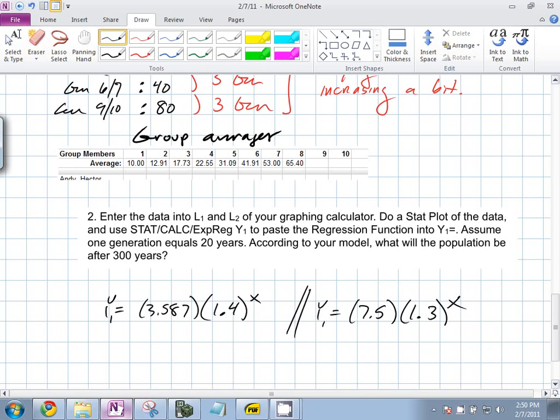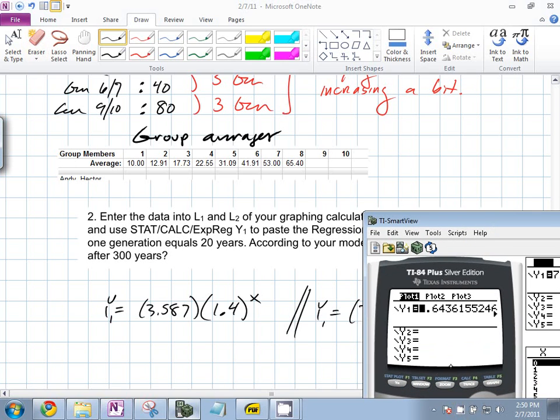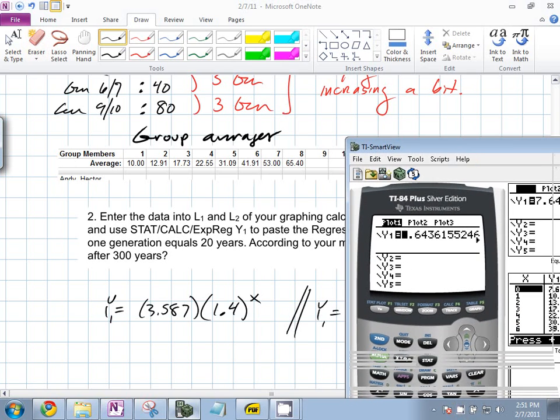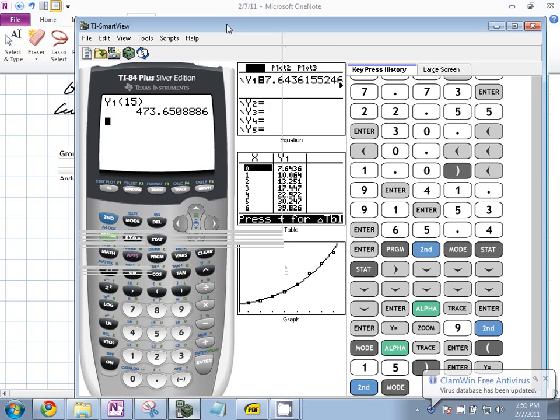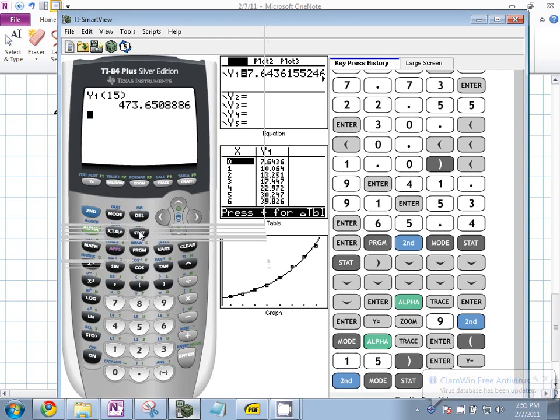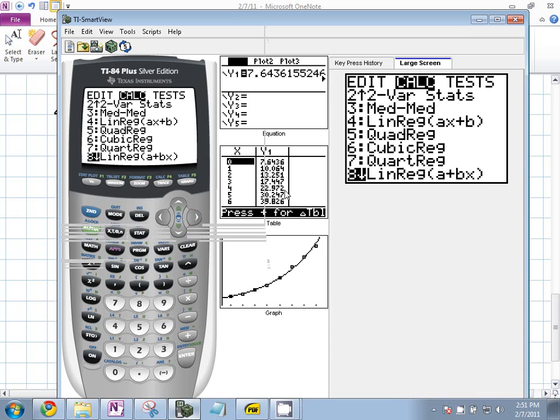I think I did it out on the calculator here, for the average. We did it on one of the other classes, so we don't have to do it again. Let me just change the mode here so you can see it. Sorry about the screen, it's having issues today. Let's just do stat, calc, expreg. It's down here somewhere.